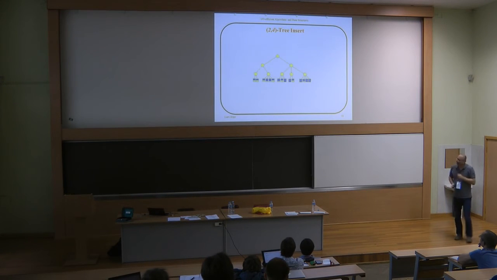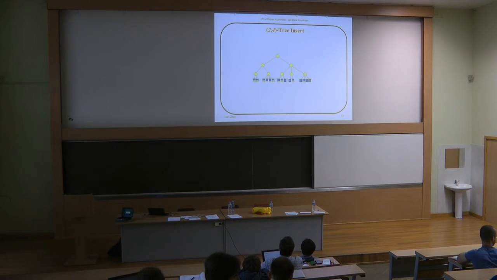All right, let's do an example. I'm so proud of this animation here. So let's stick an element over here, right? I want to put an element here. I can't because it's already full. It's a 2-4 tree. What happens? Well, I split it into 2. That means that now the parent has 5 children.